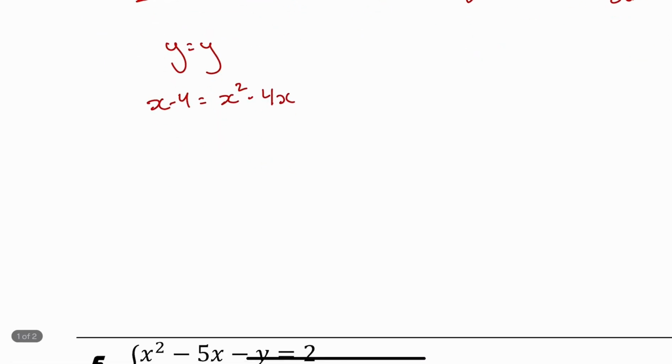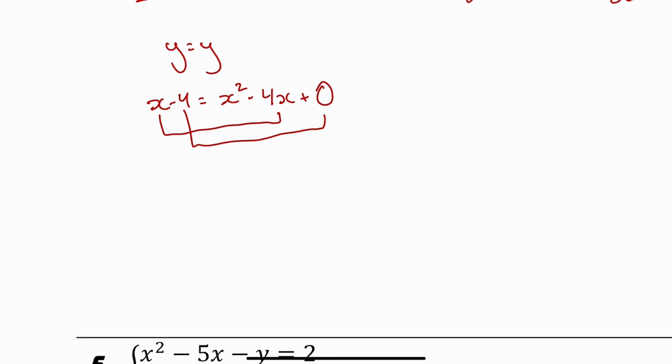Okay? Now what do we do? Now we can combine our like terms. What are our like terms in this case? Well, this x and this x. And then we also have an imaginary 0 here. So my 4 and my 0. I'm trying to make a quadratic equation right now that I can solve for 0 using factoring, completing the square, square roots, or the quadratic formula.